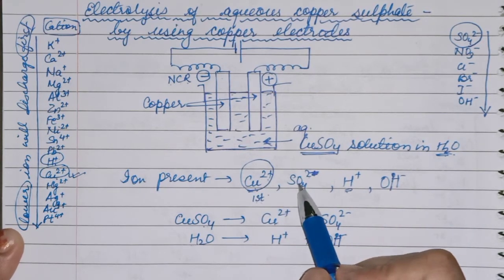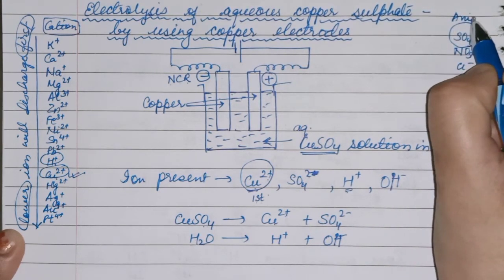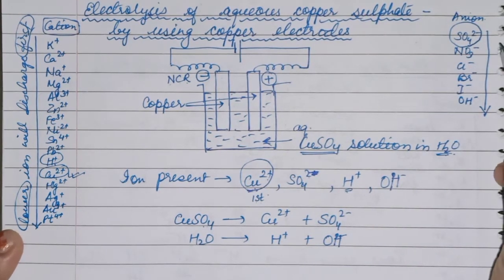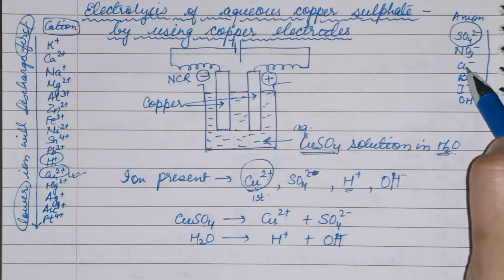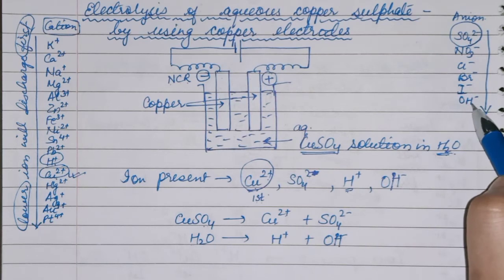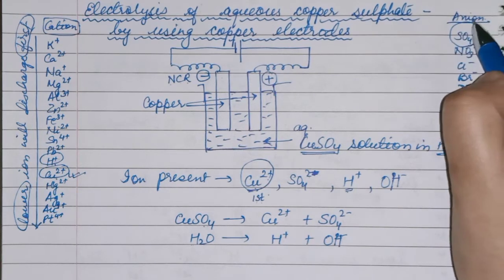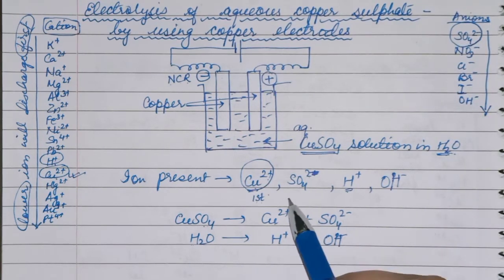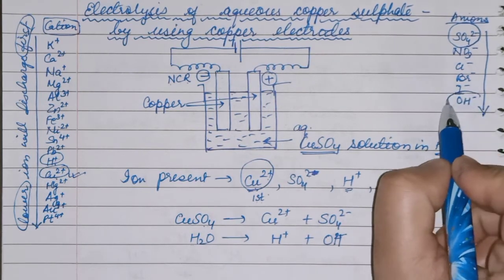Now for anions, I have one more series. Its arrangement is: SO4 2-, NO3-, Cl-, Br-, I- and OH-. Among these anions we have SO4 2- and OH- ion.